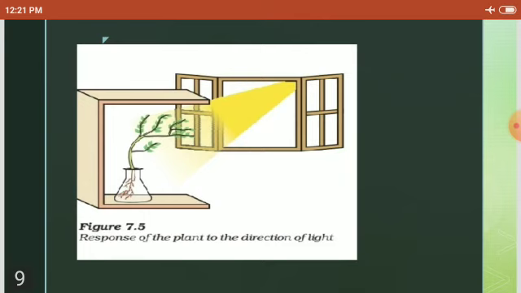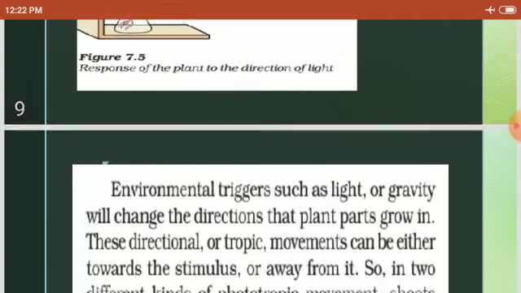This is due to its movement towards the light. So the region above the soil, that is the shoot, is always moving towards the light. So it is called positively phototropic. And the root, just opposite to that, is negatively phototropic.